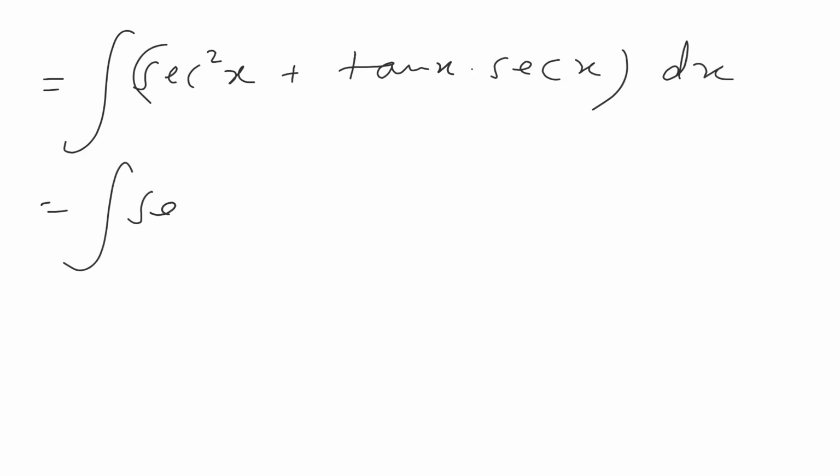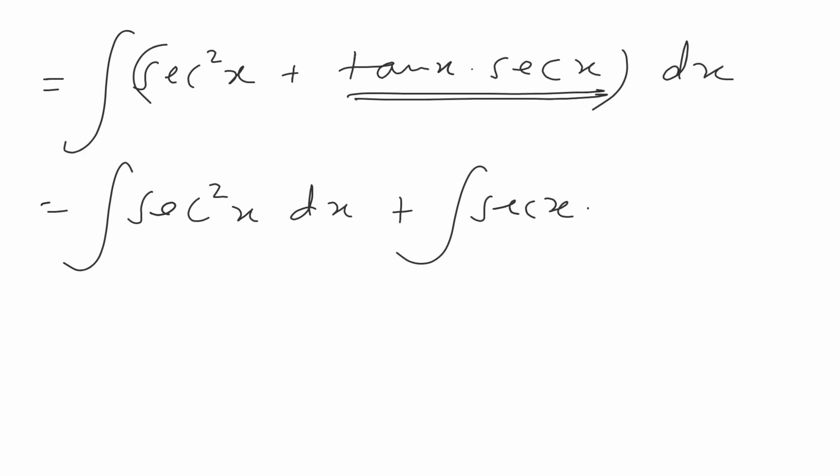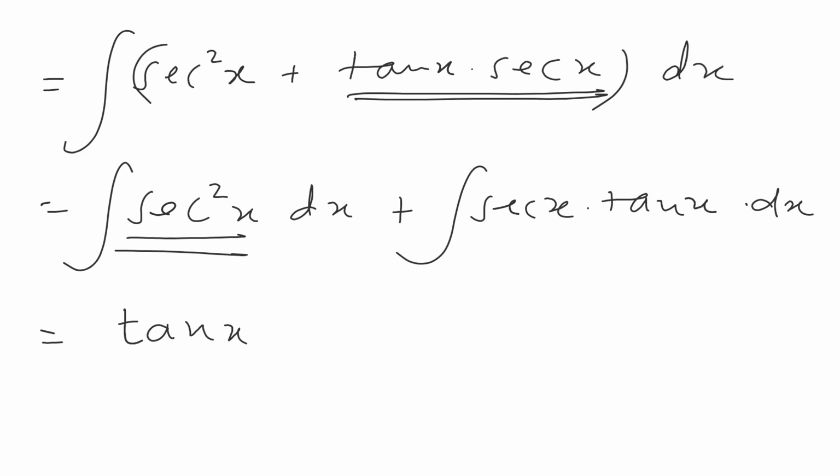So integration of sec square x dx plus integration of this, I'm just reversing it because mathematically that is very much correct. So integration of sec square x will become tan x. We know the formula for trigonometric integration, and the integration of sec x tan x is sec x plus c.